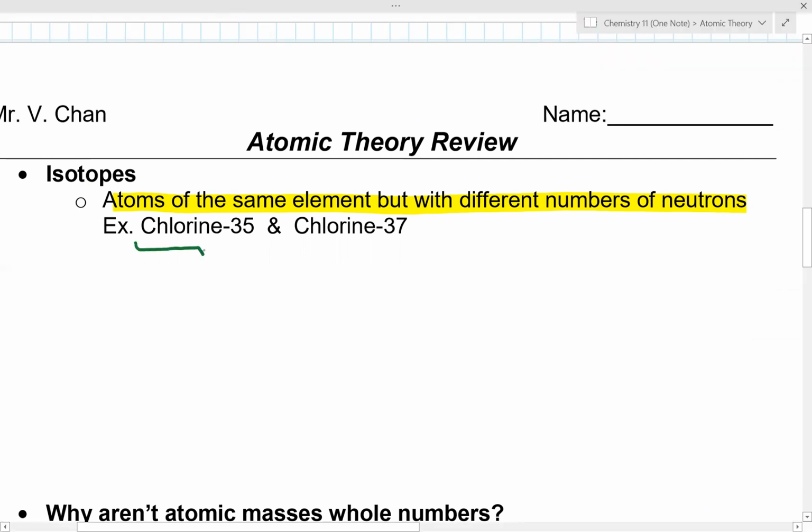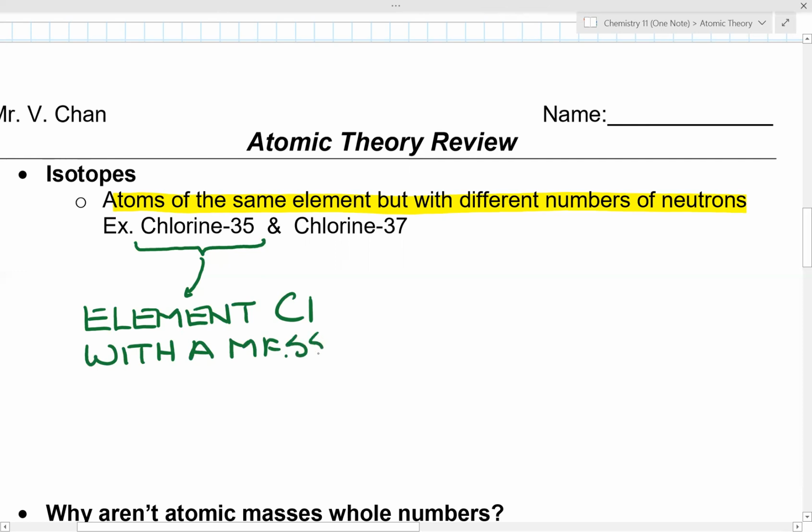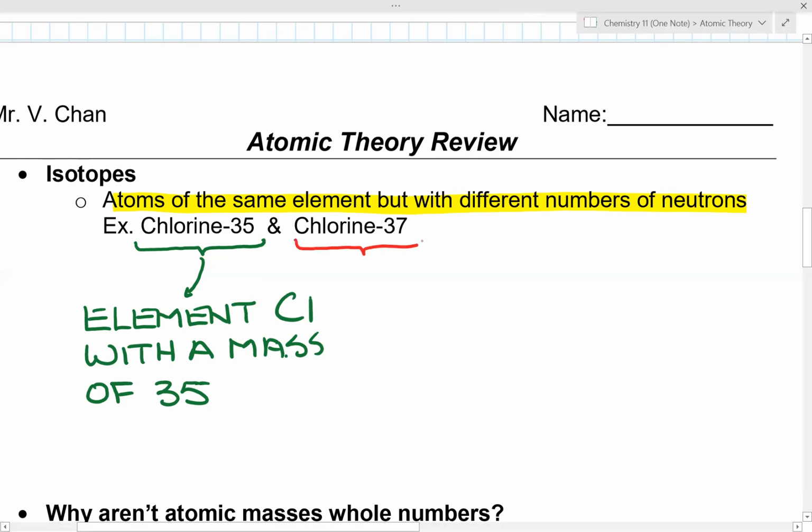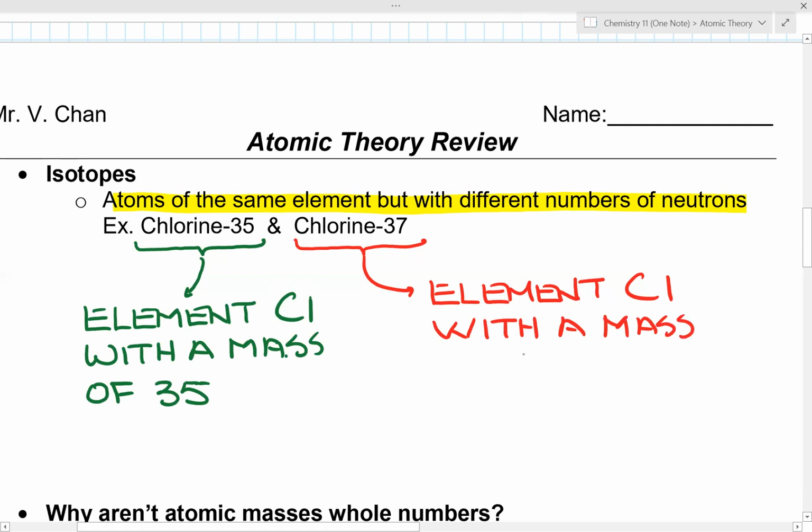Chlorine-35 means it's the element chlorine with a mass of 35, versus chlorine-37. In this case, chlorine-37 is still the element chlorine, doesn't change, but with a mass of 37.